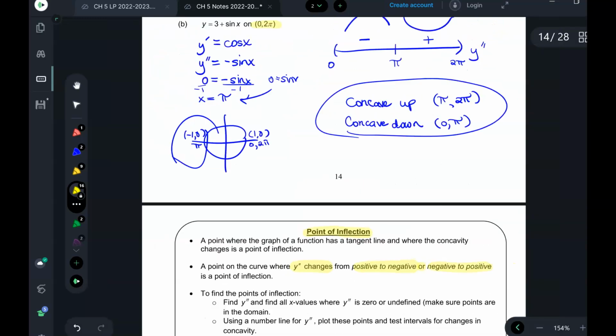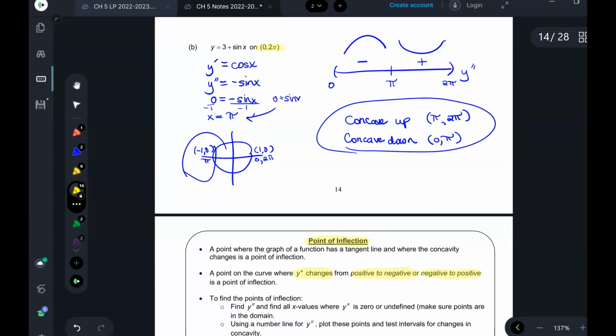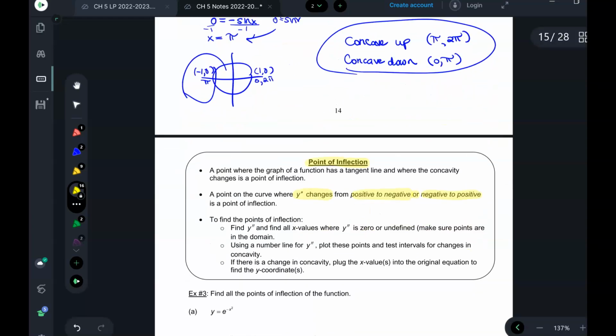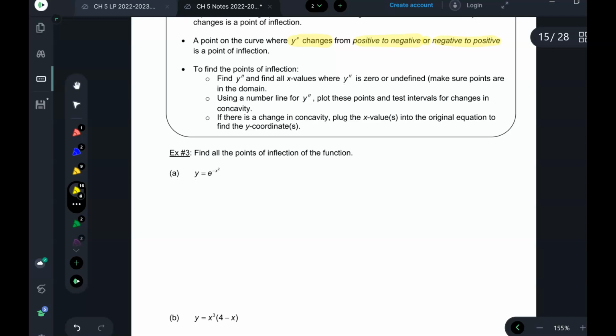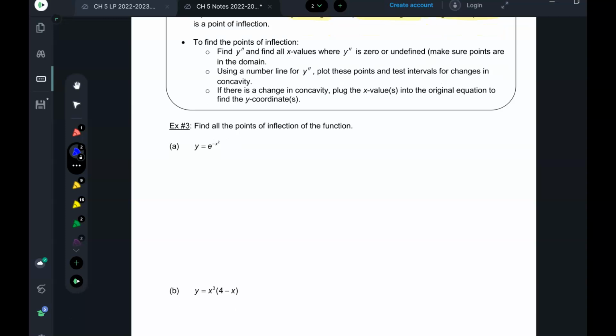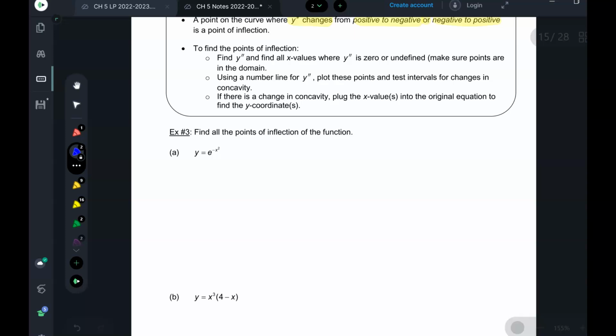The only thing we would have done to find the point of inflection is figure out what f of pi was. You go back to the original equation because you want the point on the original graph. We would say inflection at x equals pi, f of pi equals 3. Just like how we do the maxes and the mins.